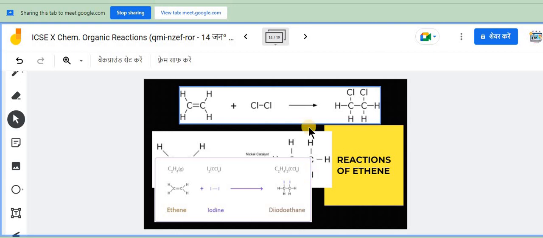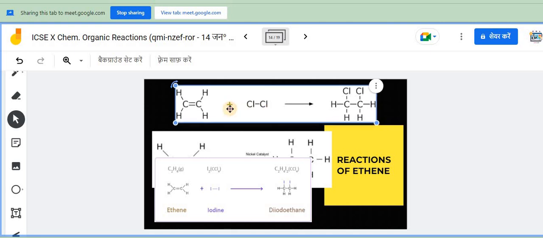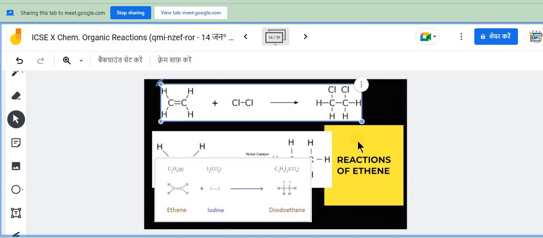So now, if bromine is used, then it means the bromine color will decolorize if a reaction takes place. If you are adding bromine to ethane, will the color fade? Will the bromine color fade when you react it with ethane?